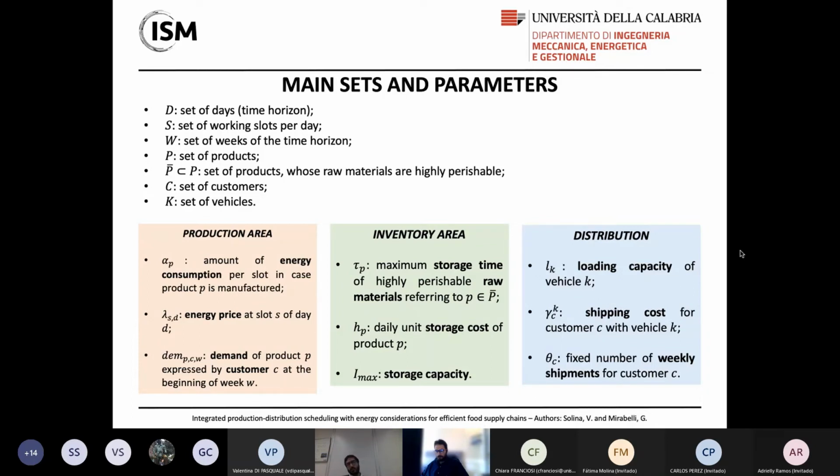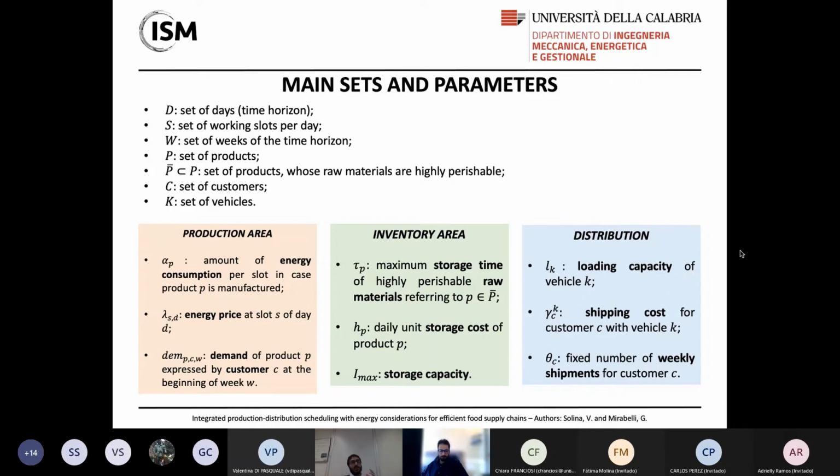Each working slot lasts 1 hour, and we have a set of products to be manufactured, and a subset of these products are characterized by highly perishable raw materials. And then we have a set of customers to be served through a set of vehicles.